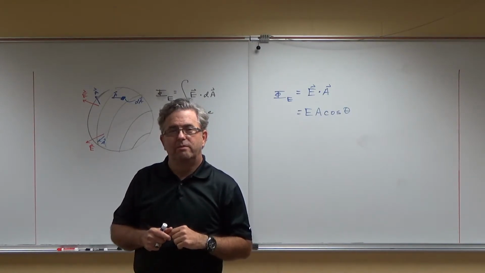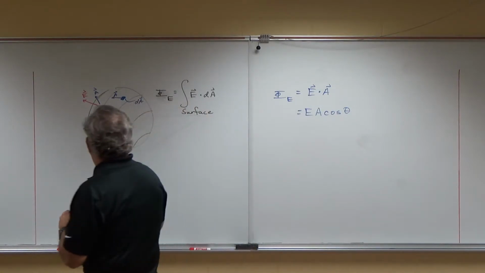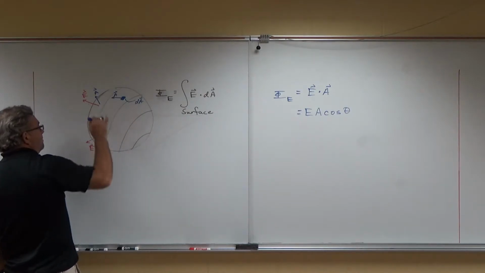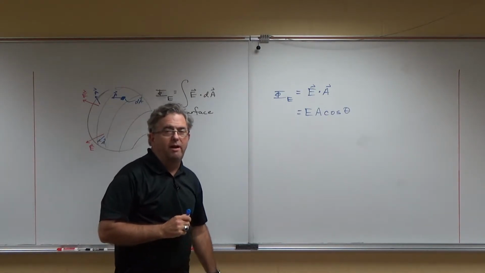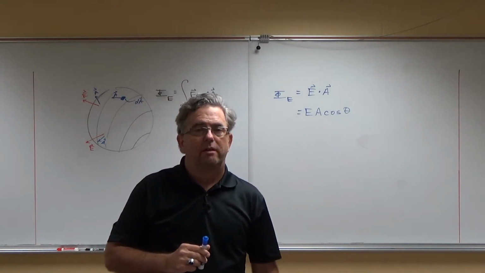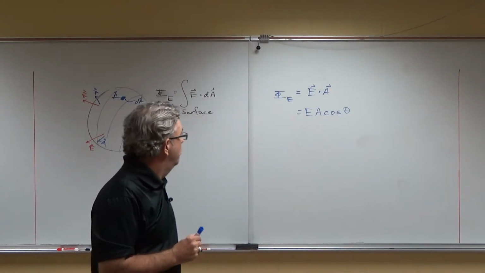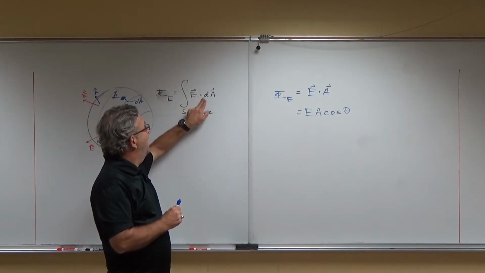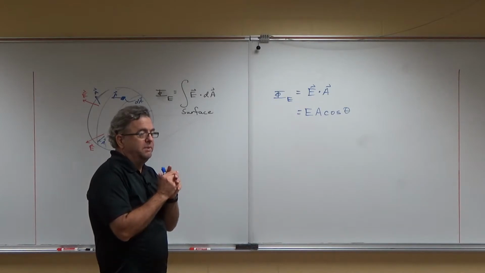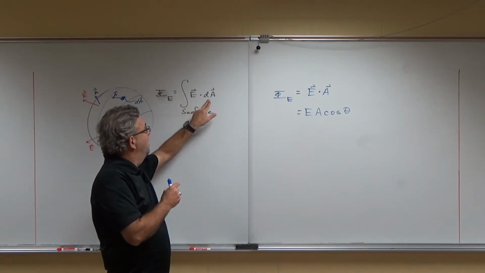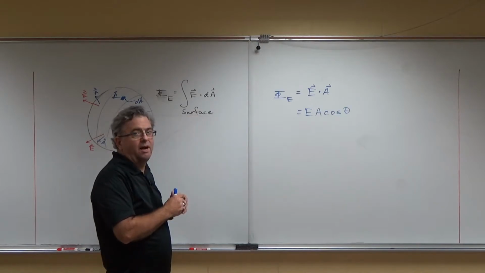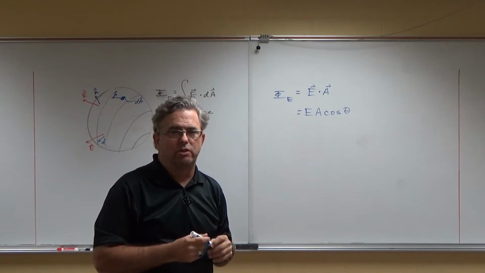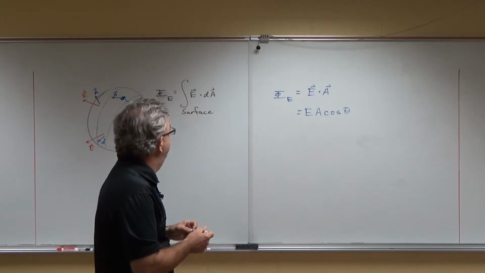So the area vector is changing as you move it all over the sphere or whatever surface you have. That's why you have to integrate. You're constantly taking E dot dA, the dot product between the electric field and that little bit of area over the entire surface. And I'm about to do an example to show you how to do that.